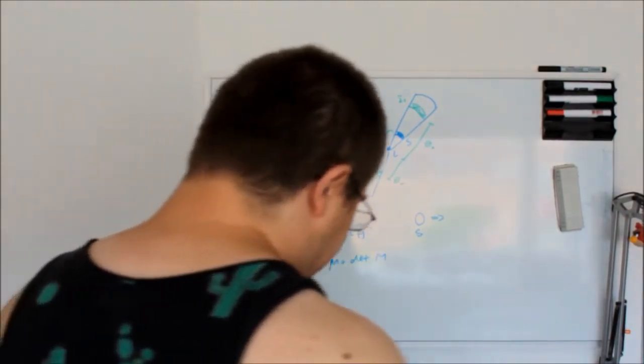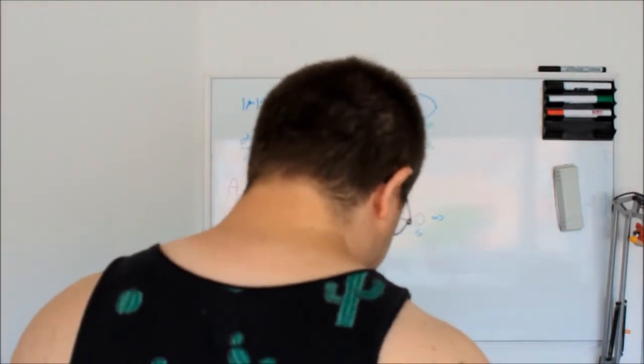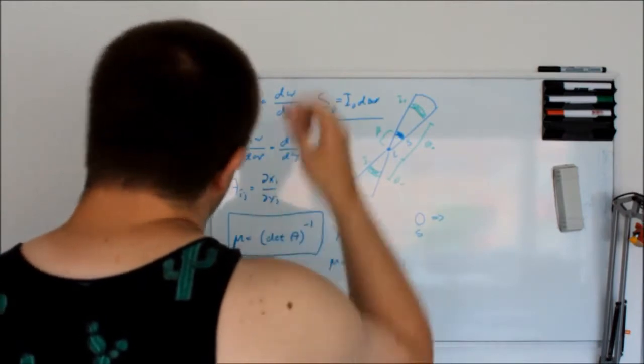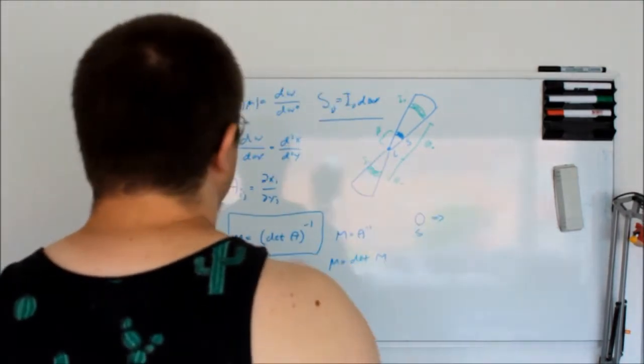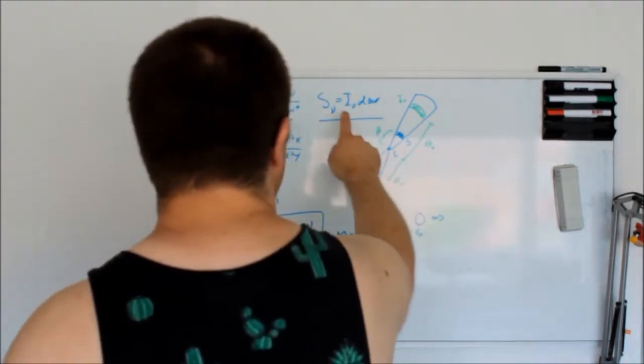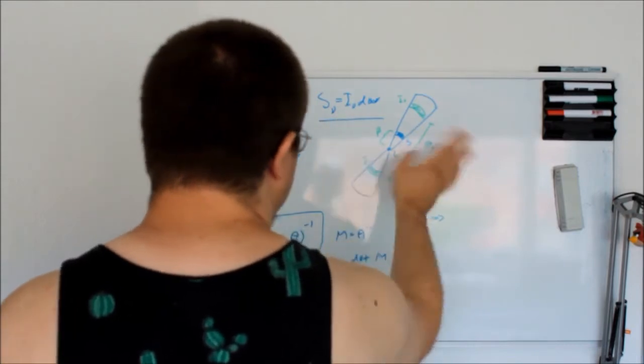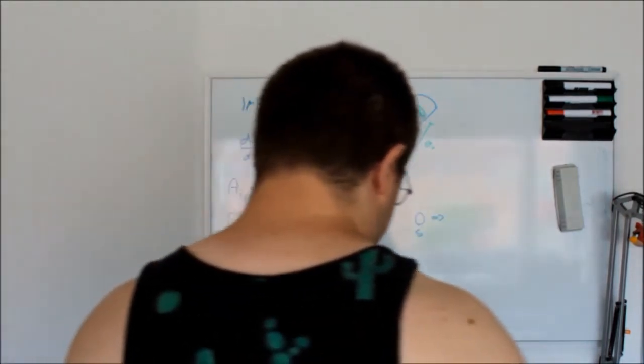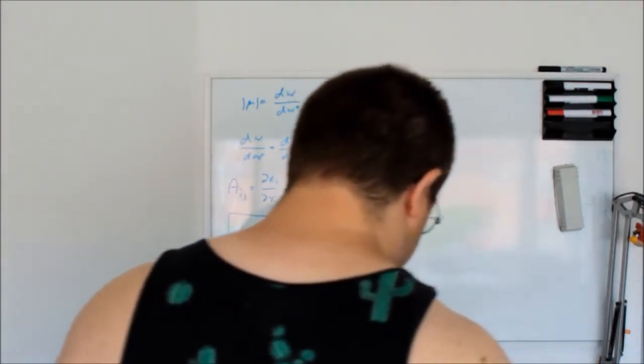So you can rewrite this in some ways. I'm going to do it over here. Remember this formula. I'm sorry, I'm going to be jumping a little bit around on the whiteboard.